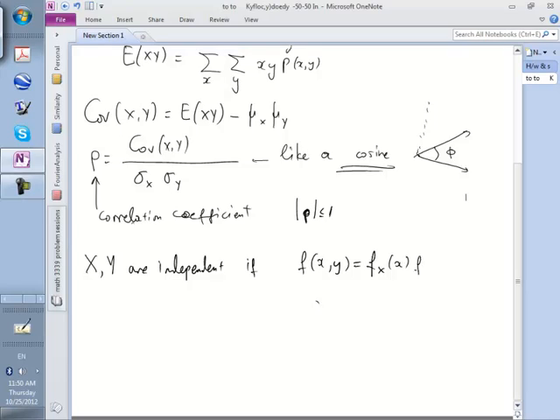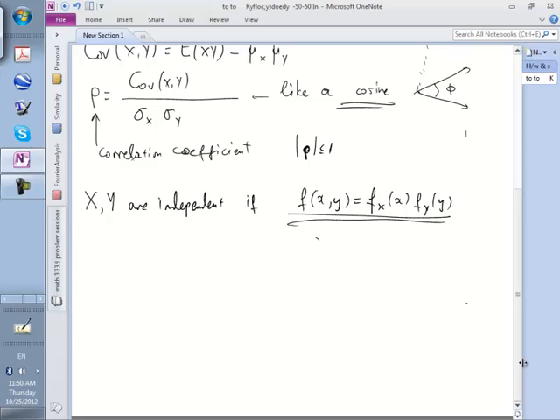That separable product of the marginals, as I write it here, says that the marginal of X depends only on the values of the random variable X. You see only X here.